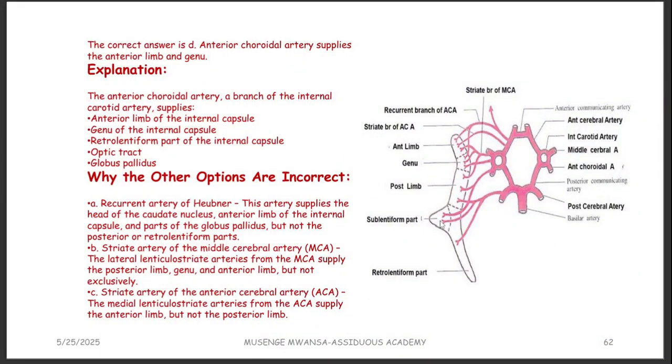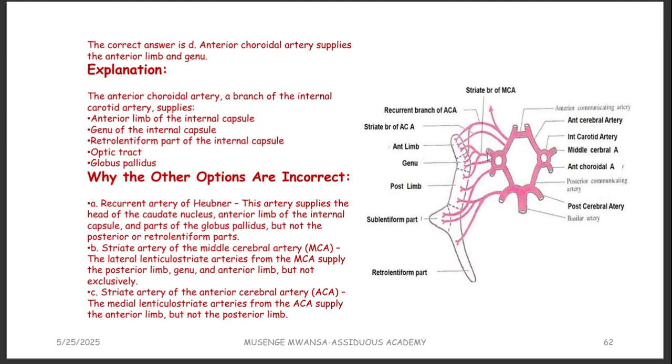So this is a picture here. You can see the recurrent artery of Heubner only supplies the anterior limb and the genu. The striate branches only supply the anterior limb, and then a direct branch from the internal carotid only supplies the genu.